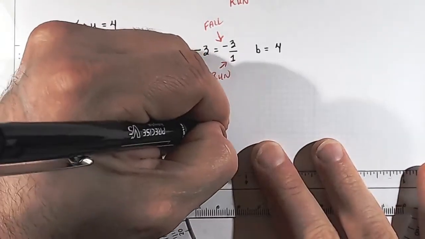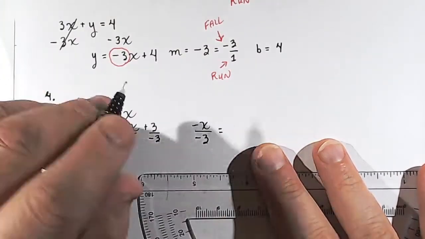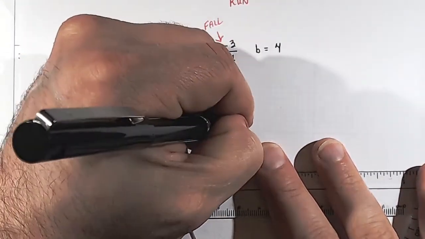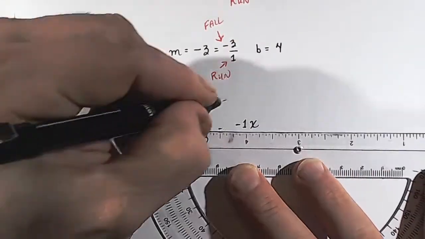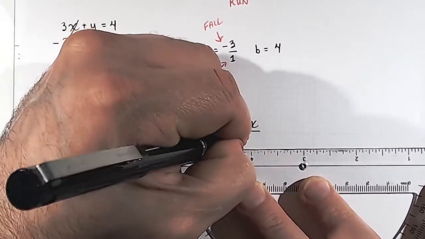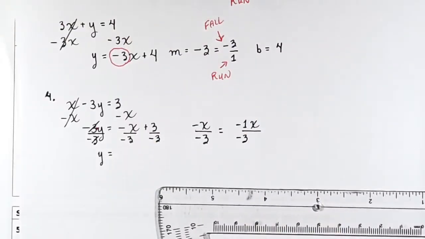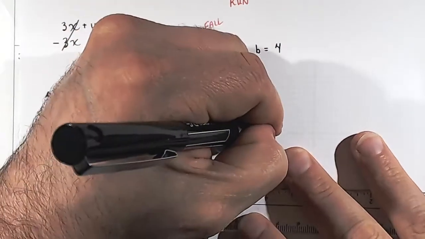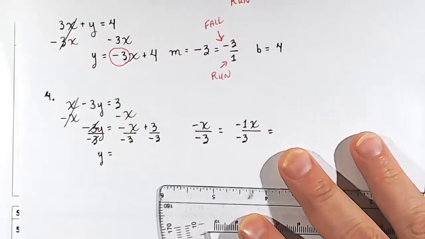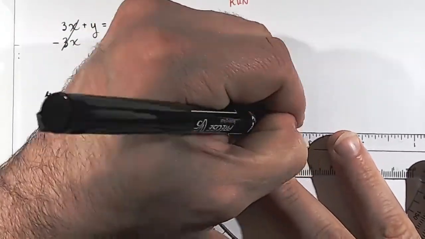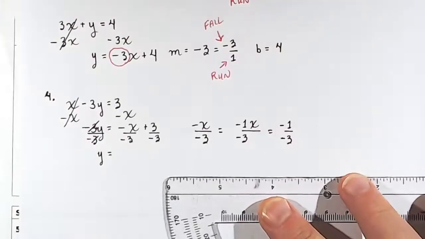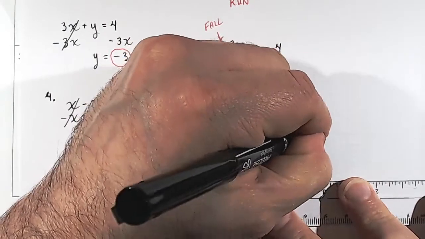So this is equal to negative 1 x over negative 3. So can you see that I can pull that fraction out? Let me show you what I mean. I can pull out negative 1 over negative 3, and that can be multiplied by x.